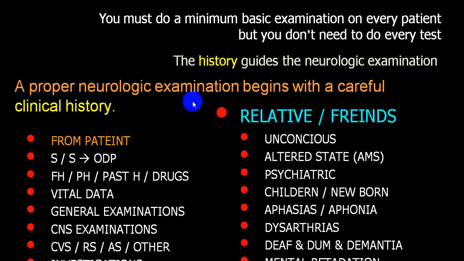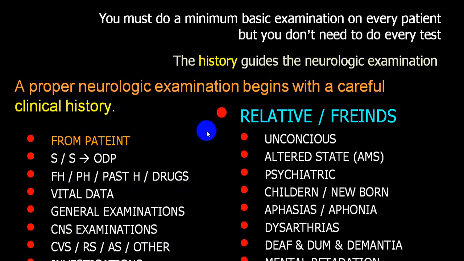While taking a history, you can get a good clinical history from a patient himself. And while taking a history regarding symptoms, signs, origin, duration, progress, family history, past history, personal history, and history of drugs, vital data, general examination, CNS followed by CVS, RS, alimentary system, and any other examination required. Then investigations.